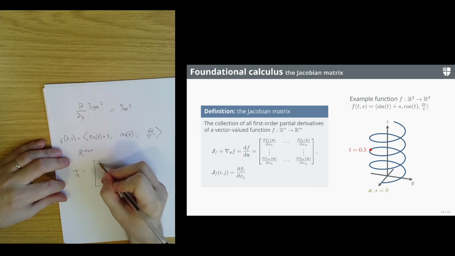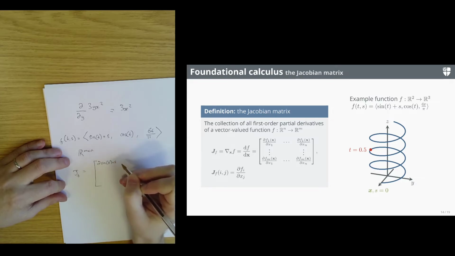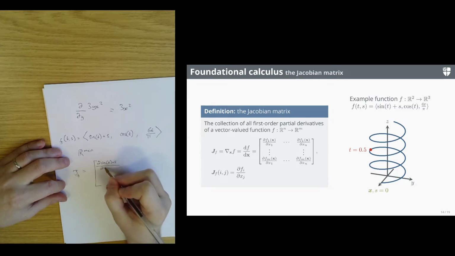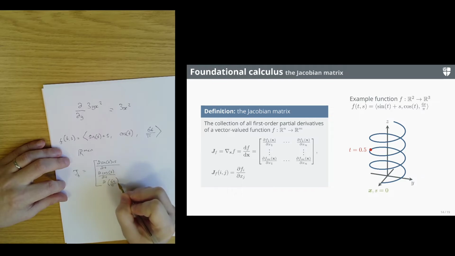So we have the partial derivative of sine of t plus s with respect to t, partial of cosine of t with respect to t. And then the partial of 6t over pi with respect to t.